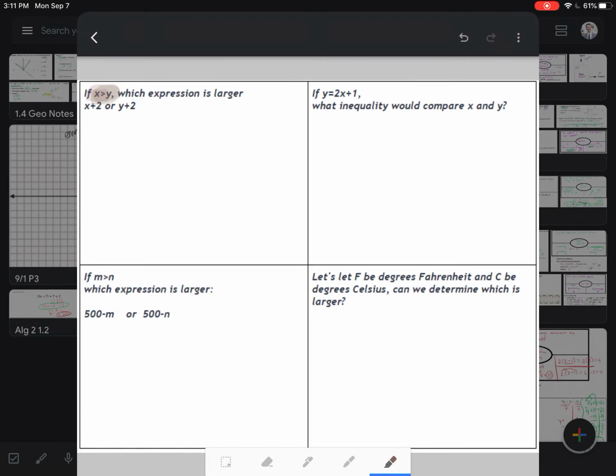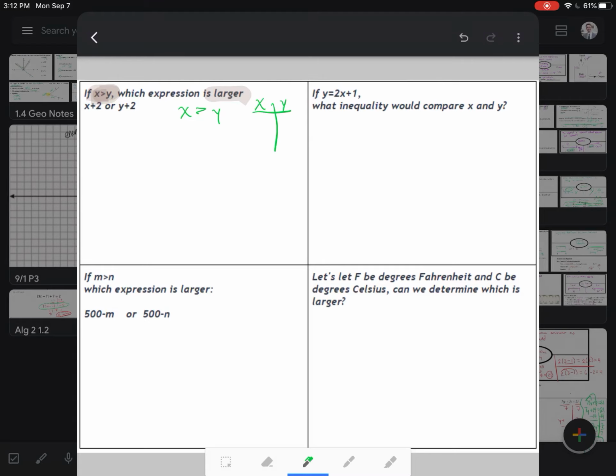Our first given is that x is bigger than y, and they want to know which one is larger. So we're trying to write a compound inequality using greater than here. So if x is bigger than y, let's do an example. We know that x is bigger than y.